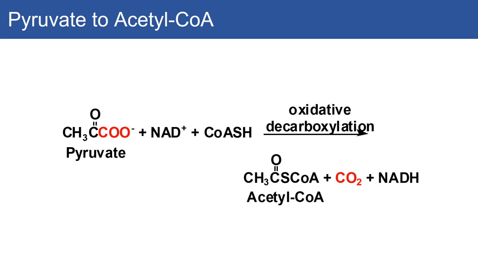That reaction then becomes the entrance to the citric acid cycle, which we'll talk about in another lecture in the future. This is the normal pathway. The other two pathways are alternative pathways: one in yeast, that's their normal, and the other one is under anaerobic conditions, where we go to lactic acid.